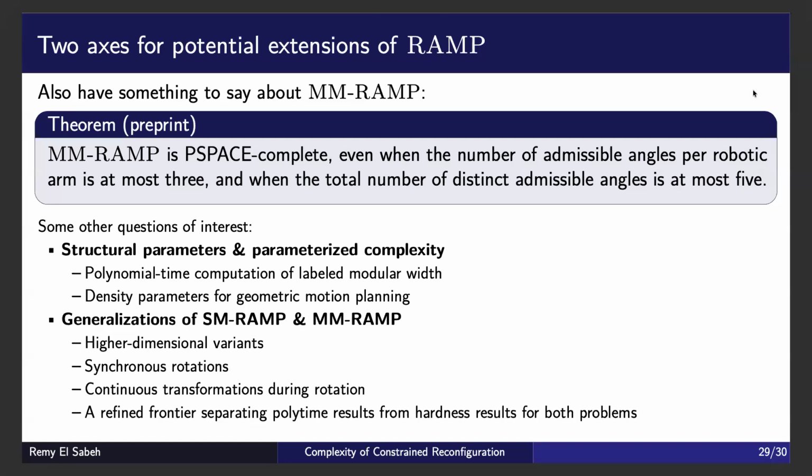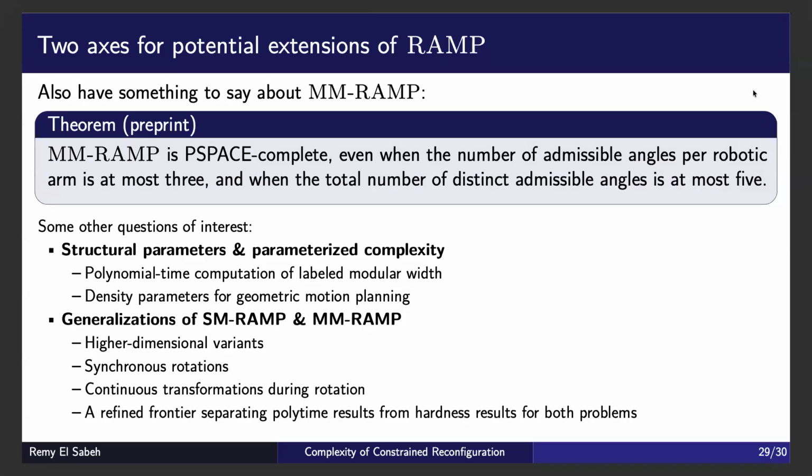More generally, and that's a bit of a shorter term thing, we want to look at generalizing both of these problems. You can increase the dimensions. You can have arms rotate at the same time, or you can allow arms to continuously change as they're rotating.